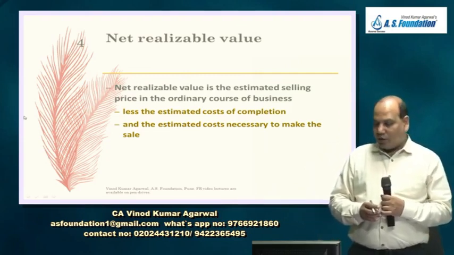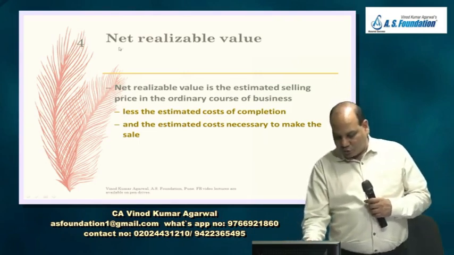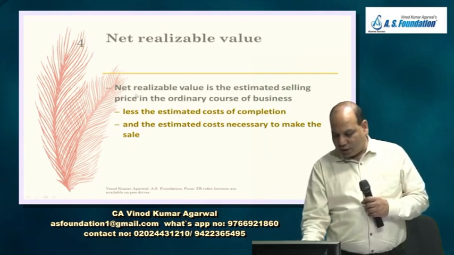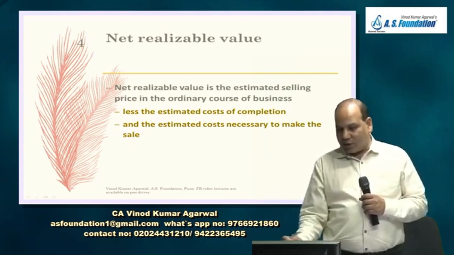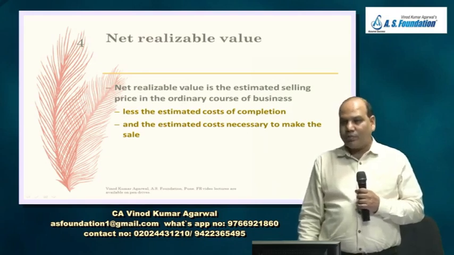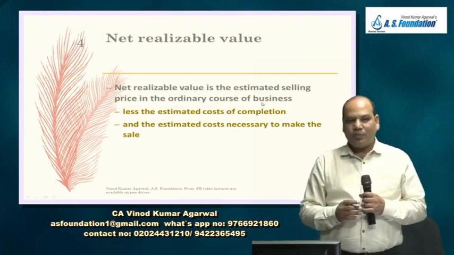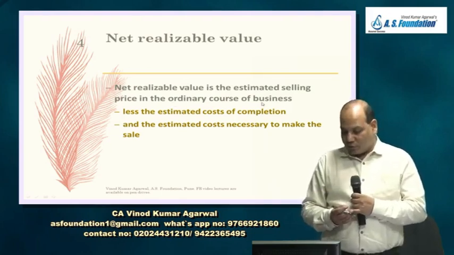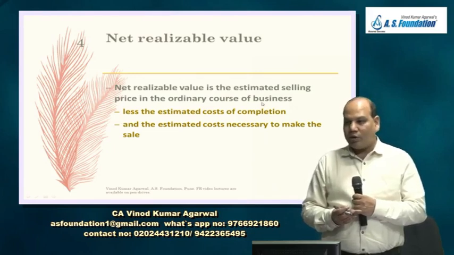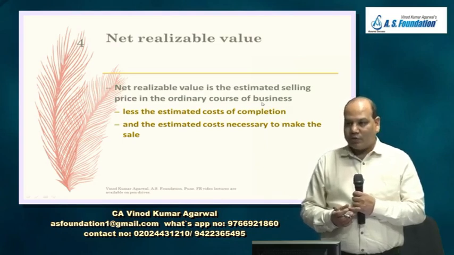Next, they have defined net realizable value. So one concept we will learn today is called NRV. Net realizable value is the estimated selling price in the ordinary course of business. Again, underline ordinary course of business. That means the price at which the goods are normally sold, minus the estimated cost of completion, minus the estimated cost necessary to make the sale.